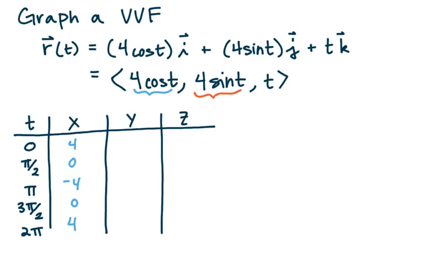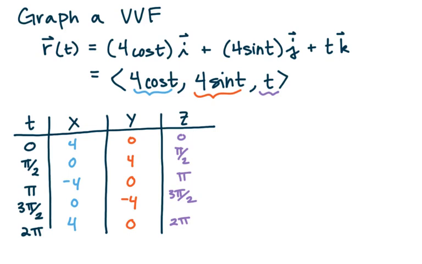Doing the same thing, plugging t into my y, 4 times the sine of all these different t values, I get 0, 4, 0, -4, and 0. And then for my z component, z is equal to whatever t is, so I have 0, pi over 2, pi, 3 pi over 2, and 2 pi.